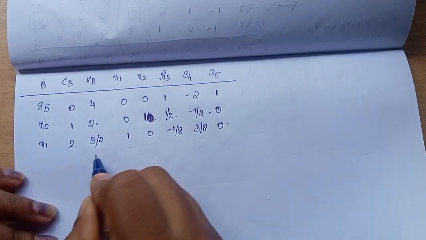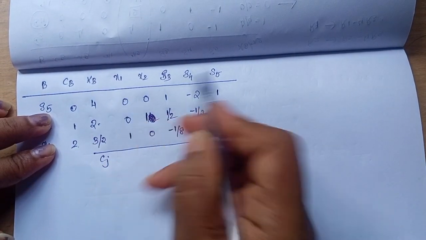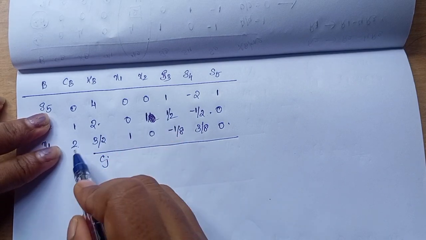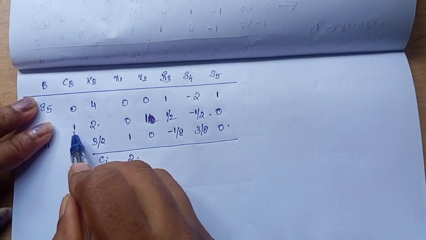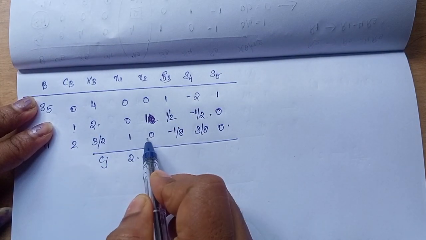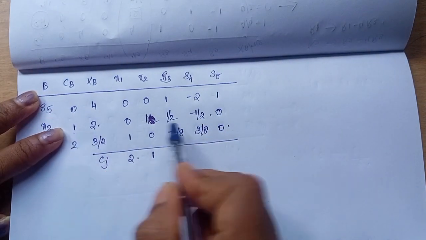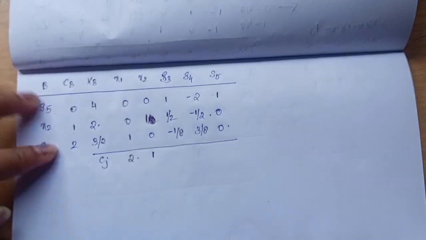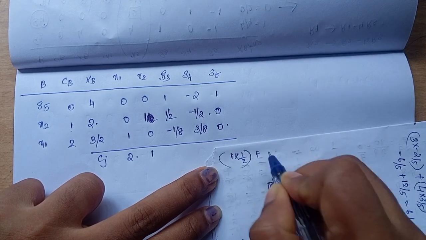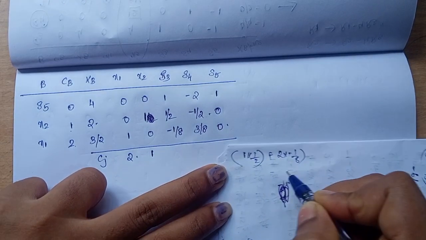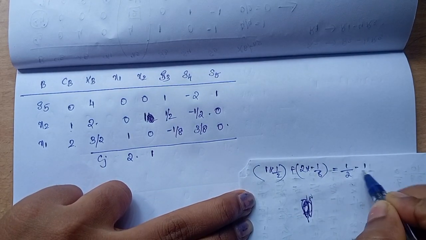Now we are going to find Cj minus Zj. For this, first we find Cj. 0 into 0 equal to 0, plus 1 into 0 is 0, plus 2 into 1 is 2, and here 0 into 0 is 0, plus 1 into 1 is 1, plus 2 into 0 is 0. So here the value is 1. Here 0 into 1 is 0, plus 1 into 1 by 2, plus 2 into minus 1 by 8, that is 1 by 2 minus 1 by 4.